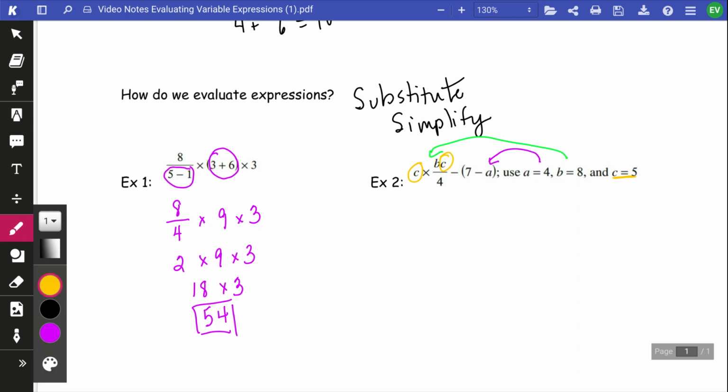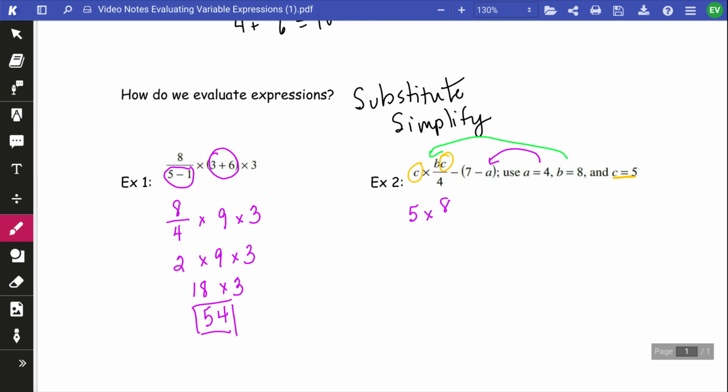Okay, so in order to complete this, let's substitute first. So we have 5 times B is 8, C is 5. Now when the two letters are next to each other like that, we have to make sure that we multiply.